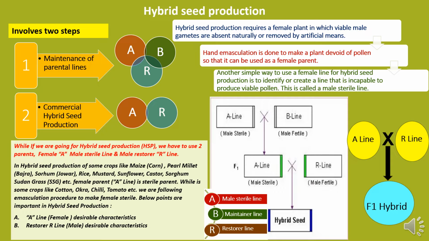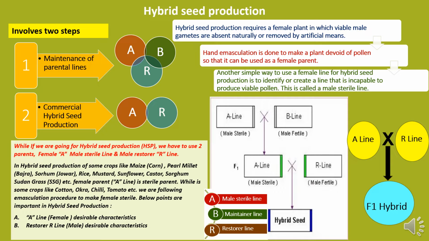In some crops like maize, pearl millet, sorghum, rice, mustard, sunflower, castor, sorghum Sudan grass, etc., the female parent is a sterile plant, where male sterility is naturally or artificially developed. And in some crops like okra, chili, cotton, the emasculation process is followed.